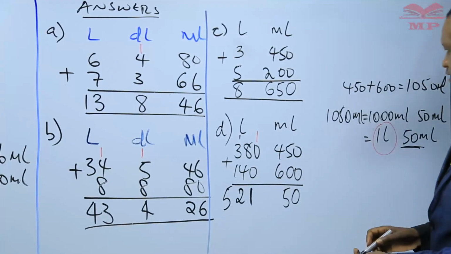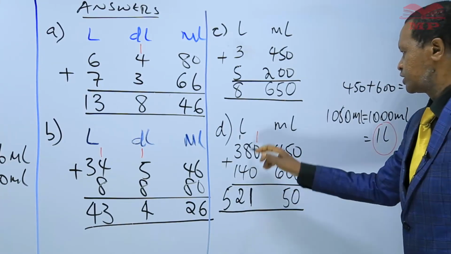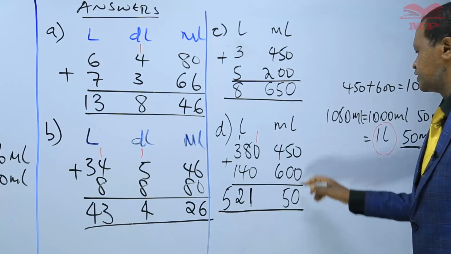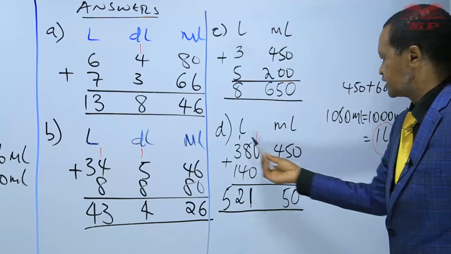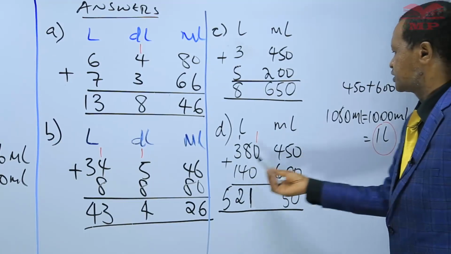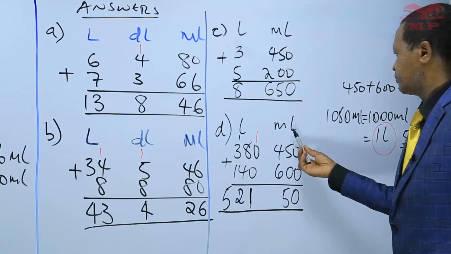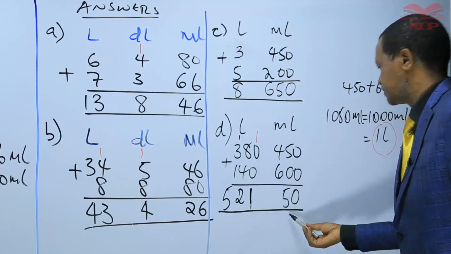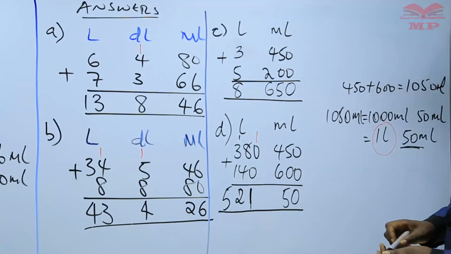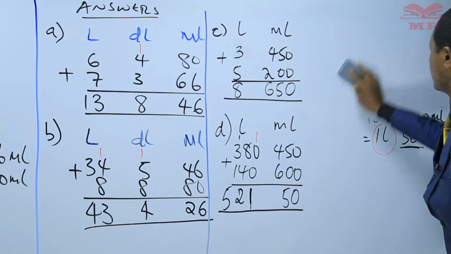So the answer there is 521 liters and 50 milliliters. So 380 liters and 450 milliliters plus 140 liters and 600 milliliters is equal to 521 liters and 50 milliliters. That is the answer.